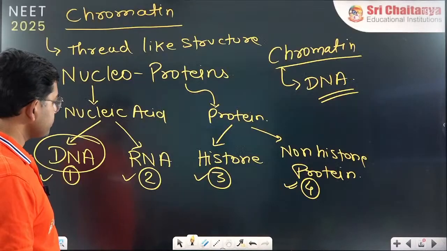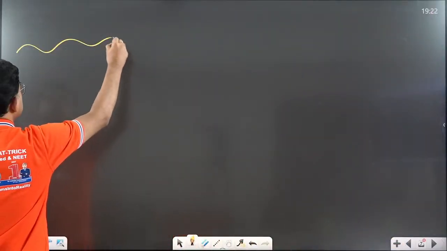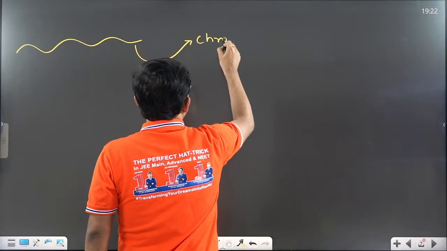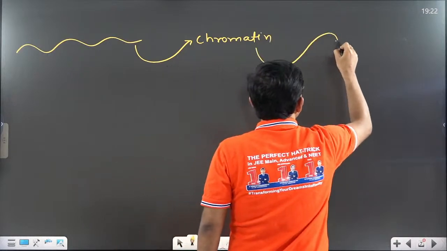So let's first understand this point, that DNA is a thread-like structure, right? Now this DNA will condense and form chromatin, and this chromatin will condense and form chromosome.